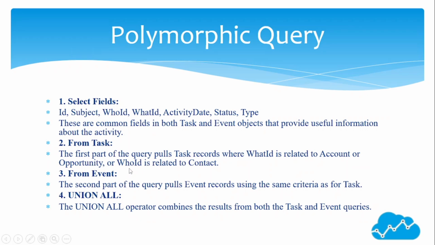It is going to hold the information of a person. From Event, the second part of the query pulls event records using the same criteria as for task. UNION ALL: the union all operator combines the results from both the task and event queries.